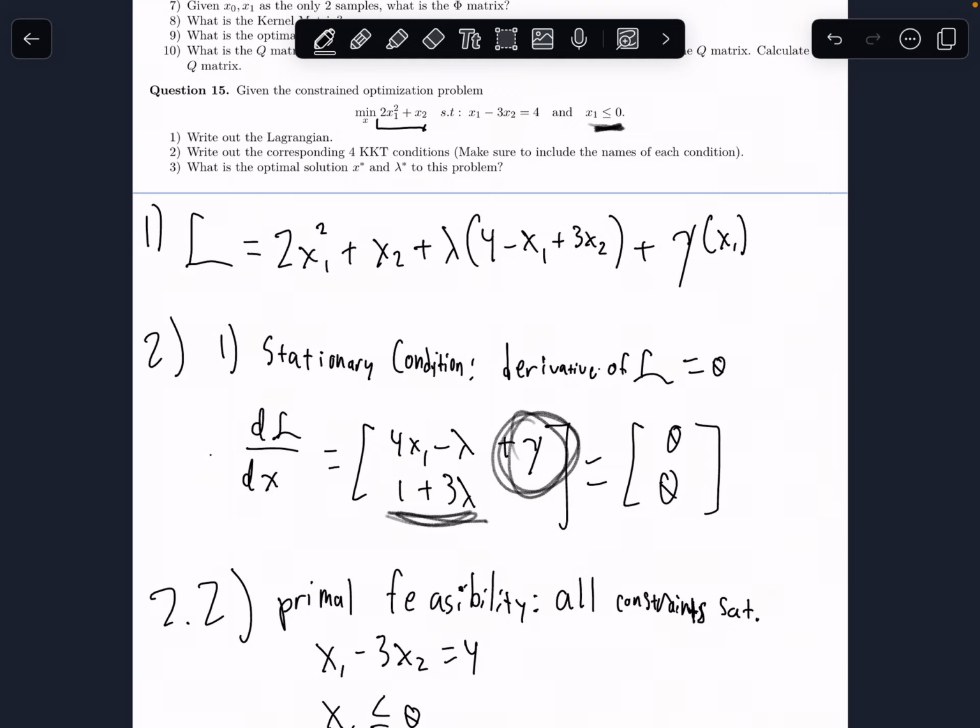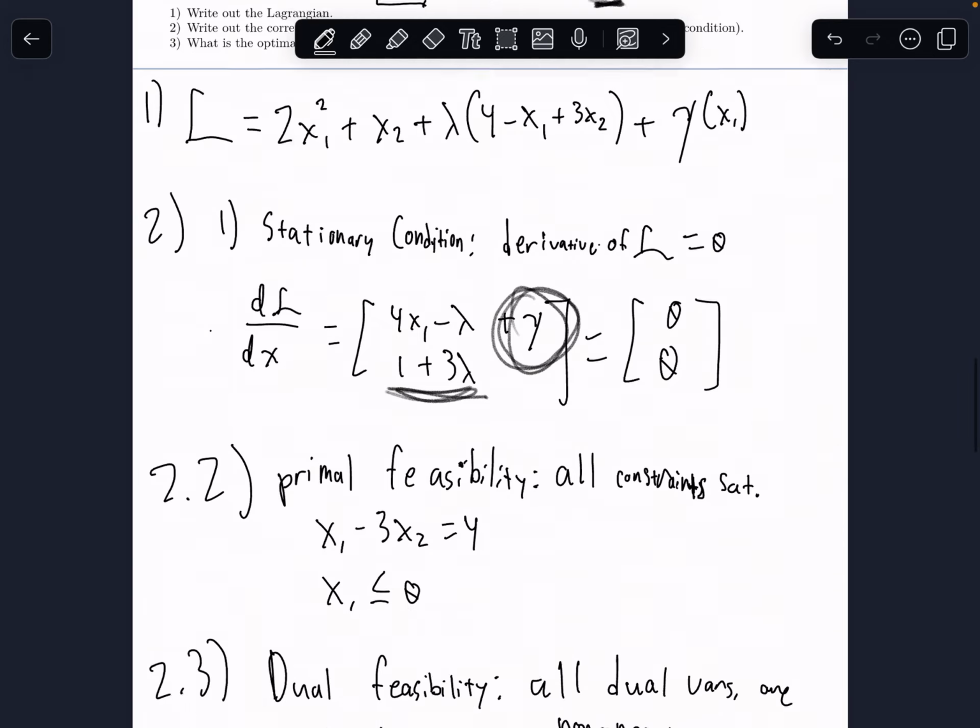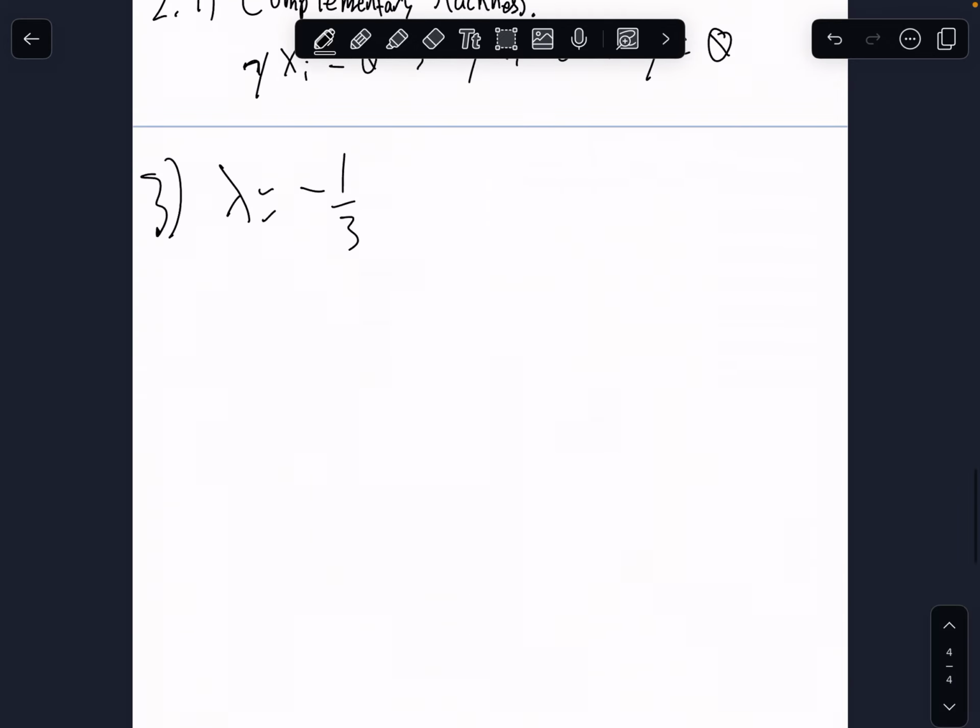Then we see that 4x1 minus lambda equals 0. Well, that means that 4x1 equals negative 1/3. So x1 equals negative 1/12.